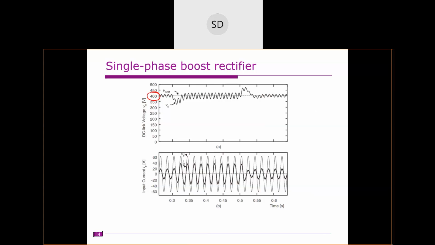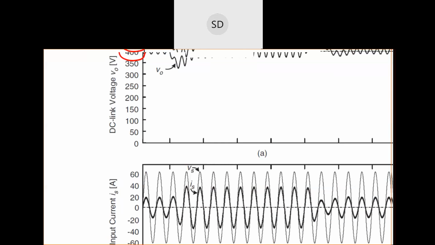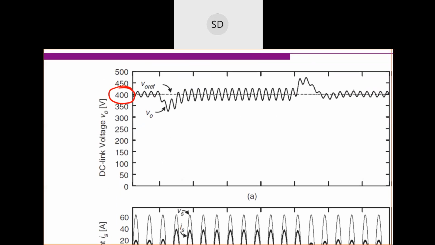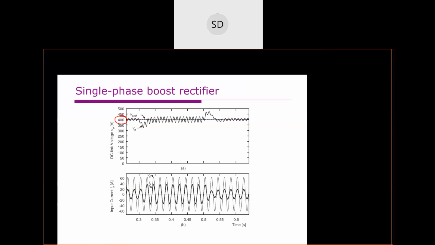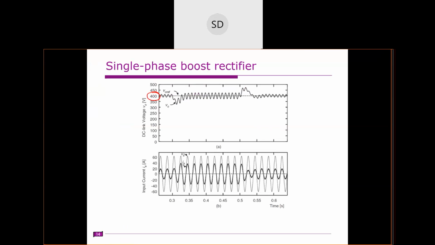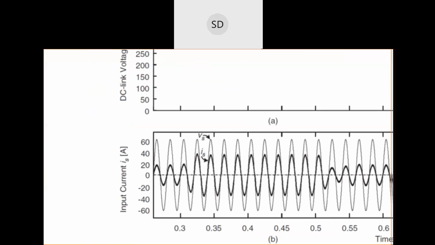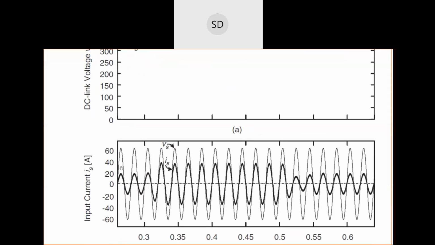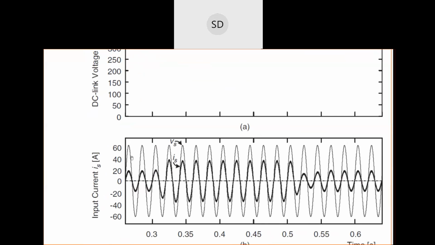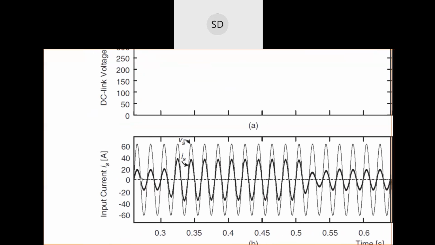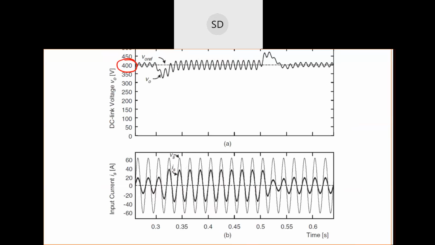You can see that this is the source current, and the source current is in phase with the source voltage. The top one is the source voltage, and we have the source current. So both are in phase.